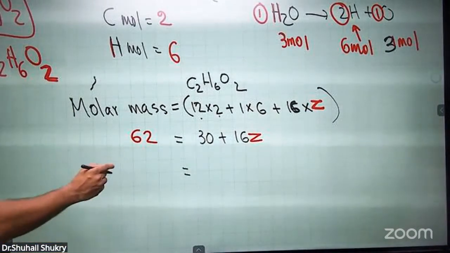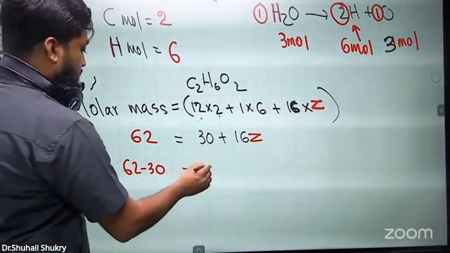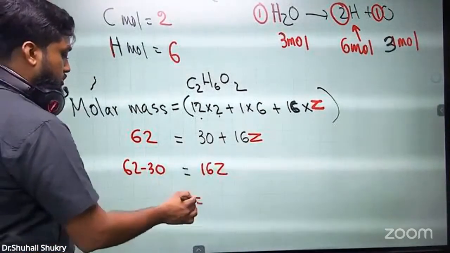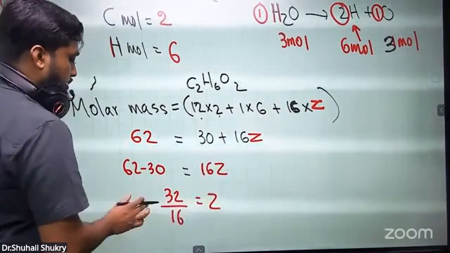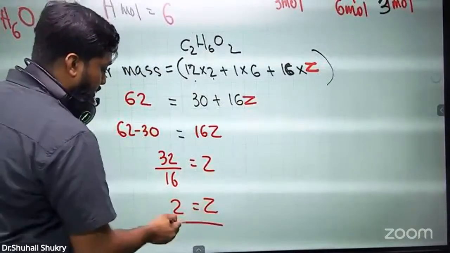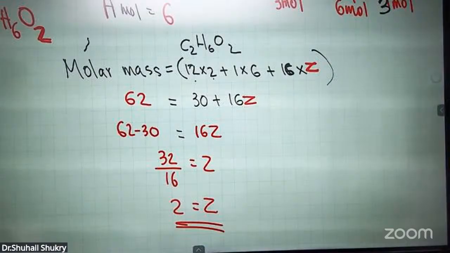Send the 30 to this side. Then 62 minus 30 is equal to 16Z. 62 minus 30 is 32. Send the 16 to this side, divide by 16, equal to Z. 32 divided by 16 is 2. So 2 is equal to Z.